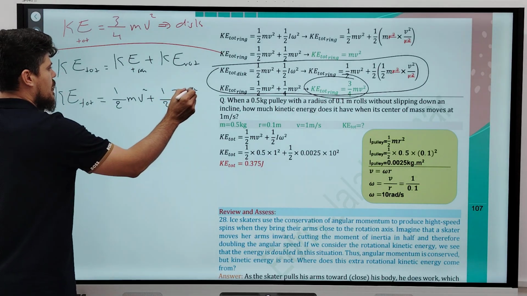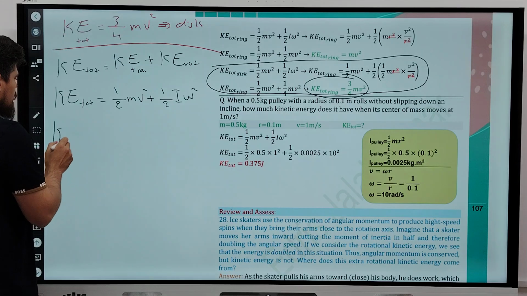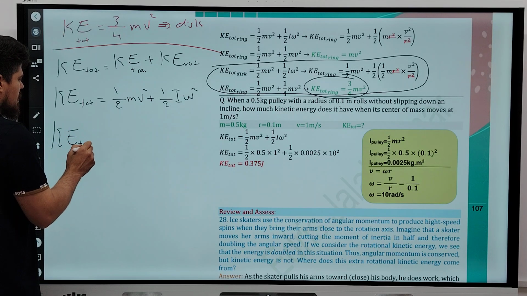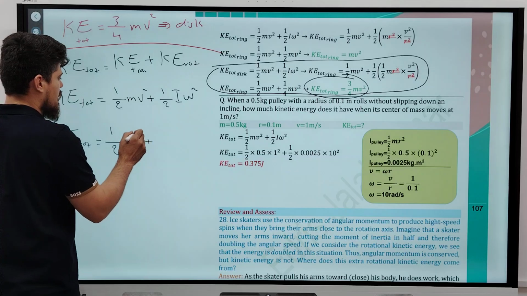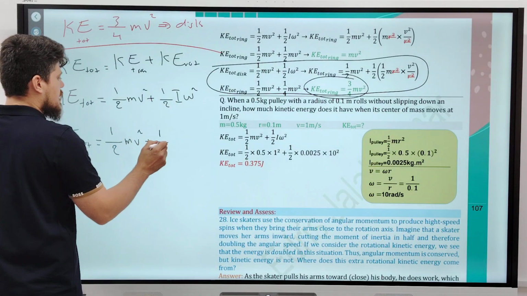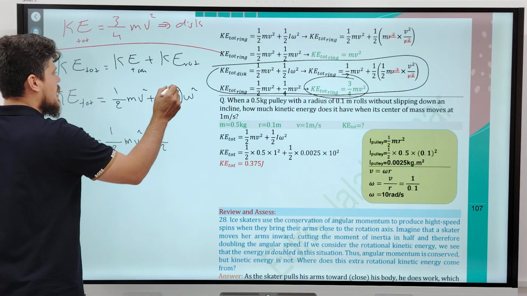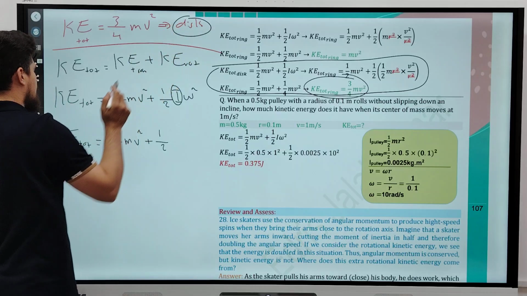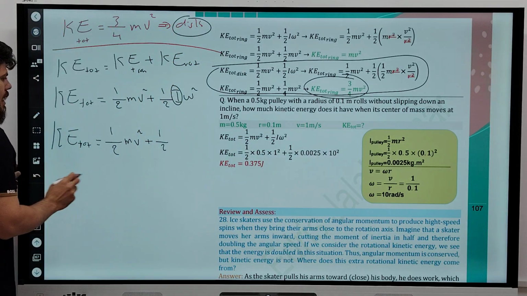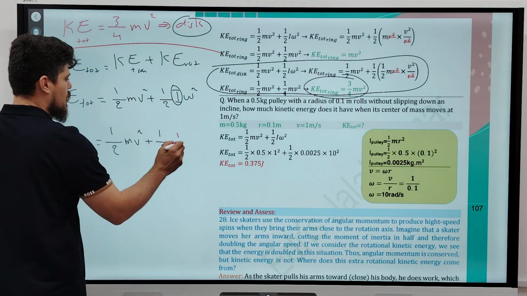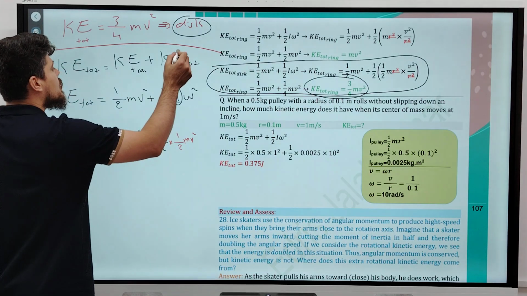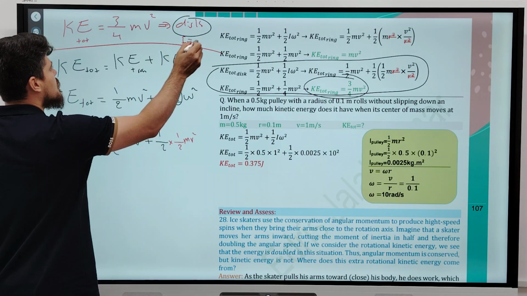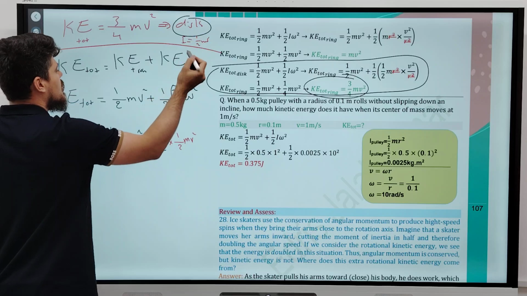Bring down the total kinetic energy: 1 over 2 mv squared plus 1 over 2, but instead of I, because our shape is a disc, you write 1 over 2 m r squared. Why? Because the moment of inertia for a disc is equal to 1 over 2 m r squared.